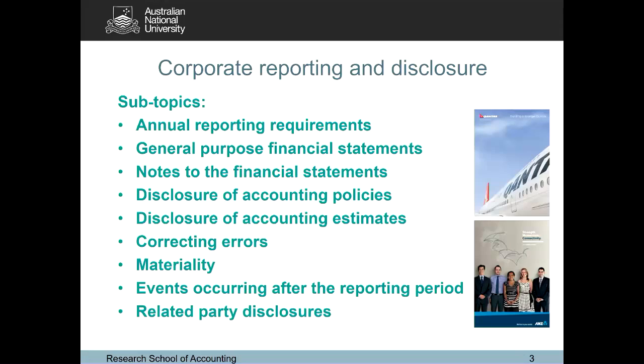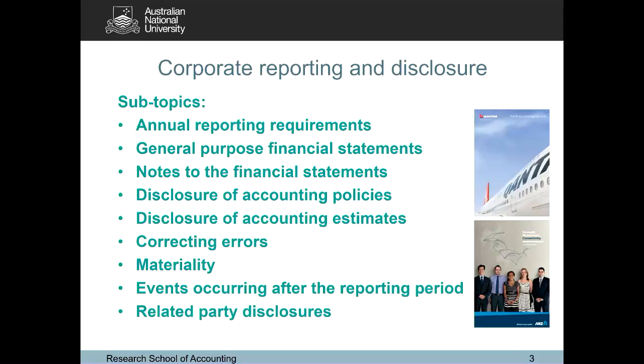So we need to report the assets at that point in time, and we need to prepare the income statement for that period. How about something really important happening after that date?